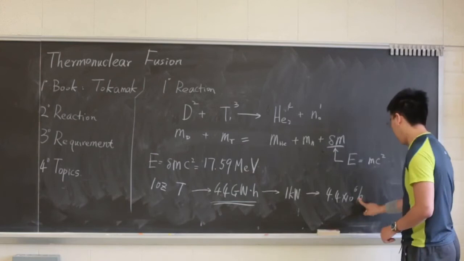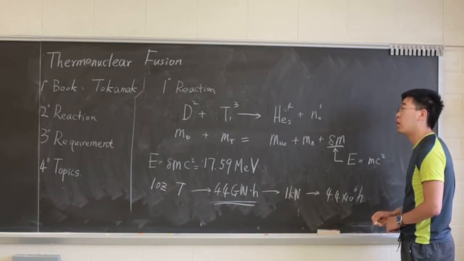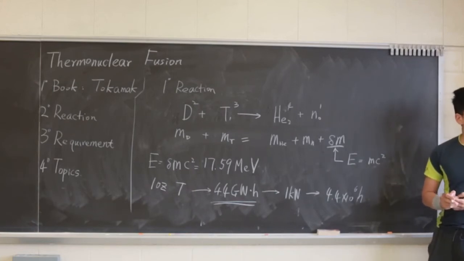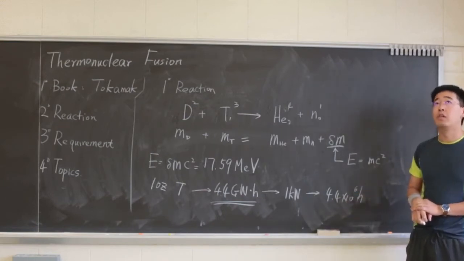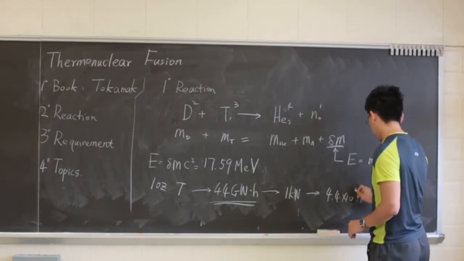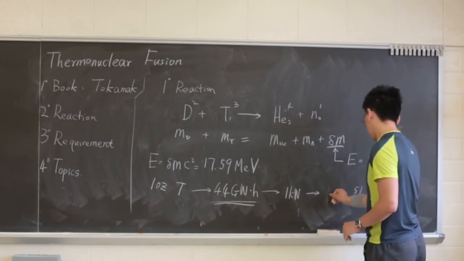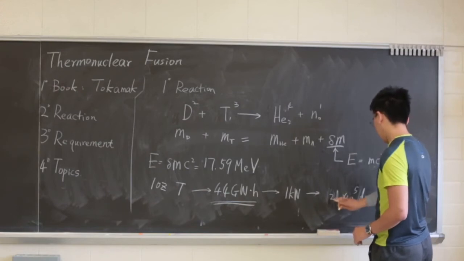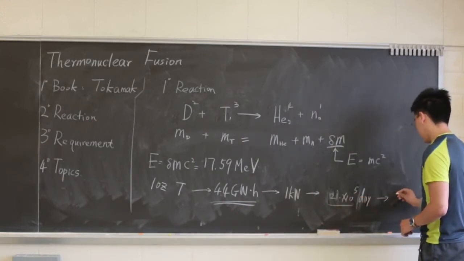Or you can think of it as powering a medium city, 4.4 million houses, which is quite a lot. Or let's just see how many days, roughly, and years is roughly 3.